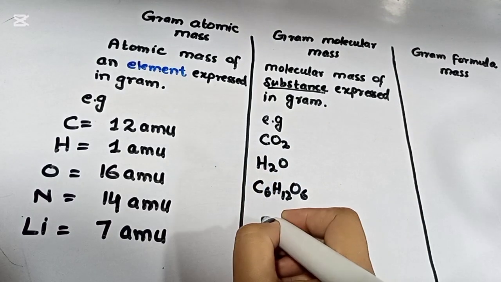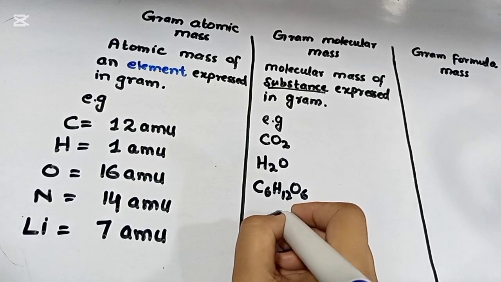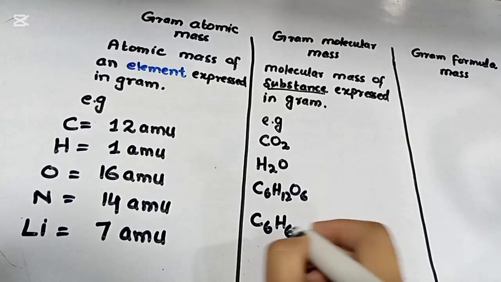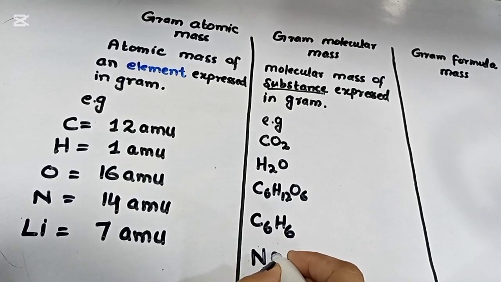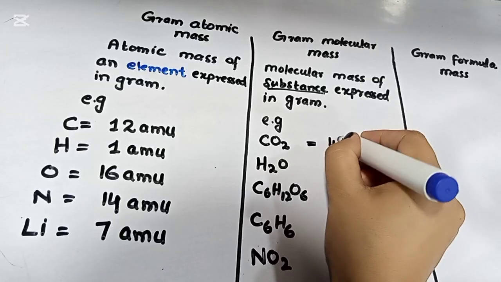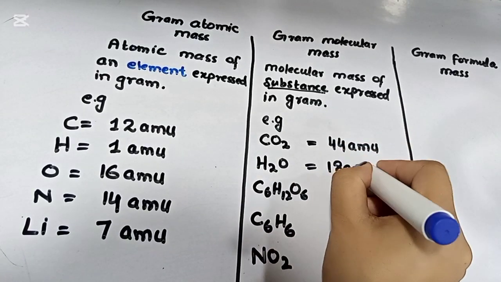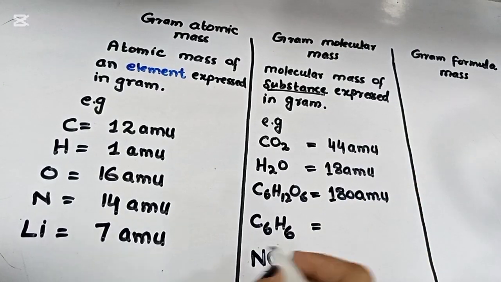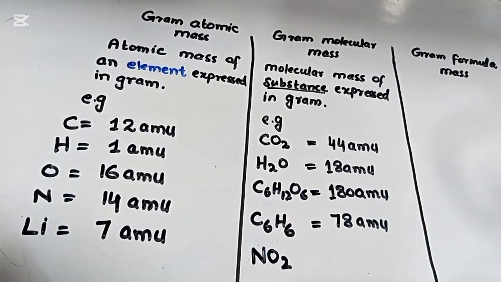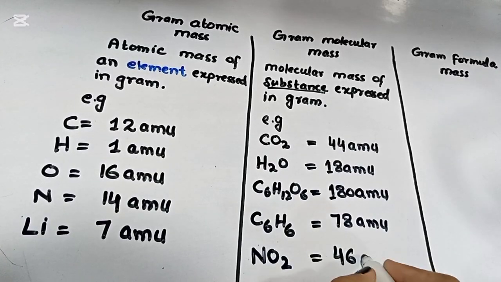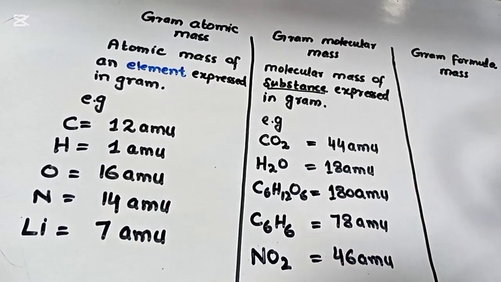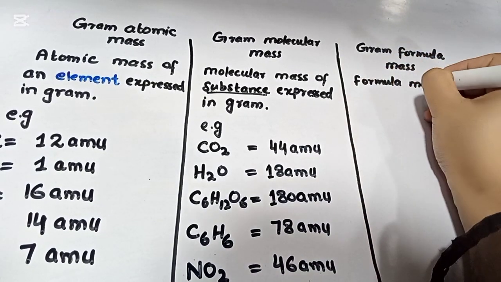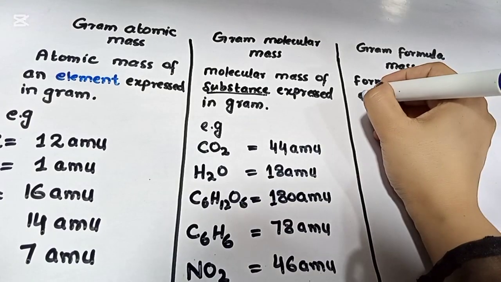Now we will choose molecules instead of elements, for glucose, benzene, nitrate: carbon dioxide 44, water 18 amu, glucose 180 amu, benzene 78 amu, and nitrate is 46 amu. You can use the unit gram instead of amu, because when you are presenting gram molecular mass, we will write gram.